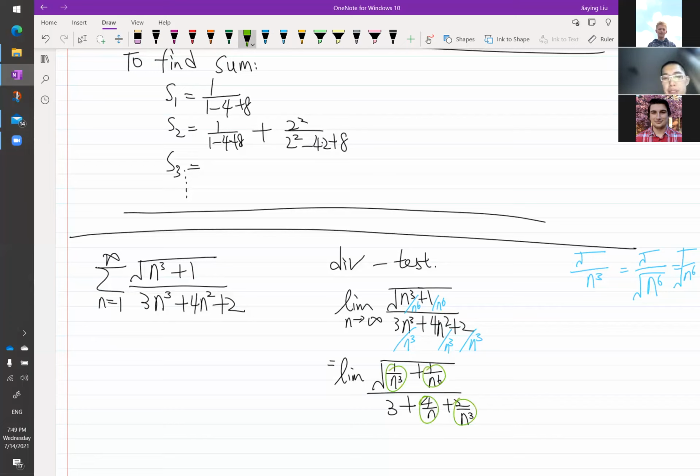The denominator becomes 3. So that just becomes 0 over 3, just 0. So the divergence test doesn't tell us it's divergent. So this is inconclusive.